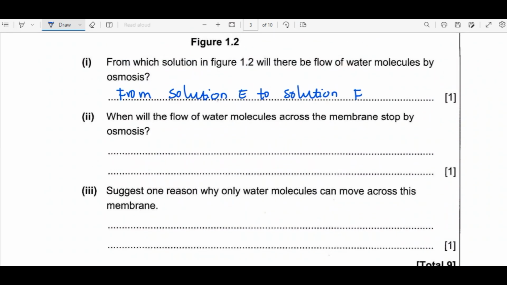Under Roman number 2, when will the flow of water molecules across the membrane stop by osmosis? So when the two solutions reach equal concentration.